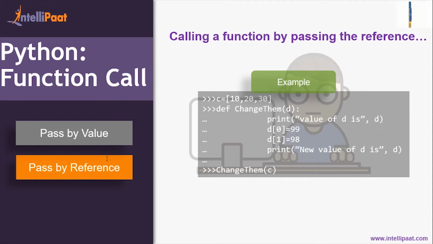D of 1 as 98. Then print the value of d is d. Then change them. Now when we are calling a function by passing the reference, what we are doing, we are just passing the entire list to it. So what will get the output? We'll get the output as value of d is 10, 20 and 30. And the new value of d is 99, 98 and 30.